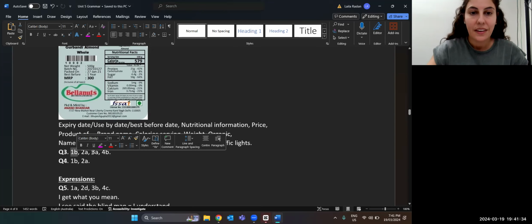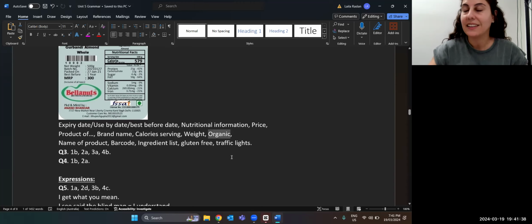Okay, so anytime we see natural, or the same as organic, it's always going to cost a little bit more. The best before date means the food is good to eat before this date. Remember the best before date? So you must eat it before this date. It could also be called use by date or the expiry date, or it could say packed on.